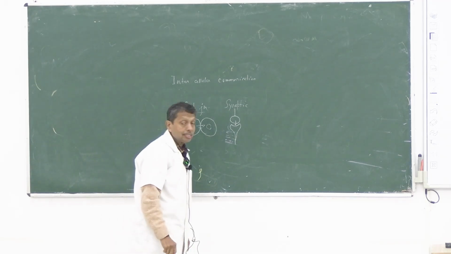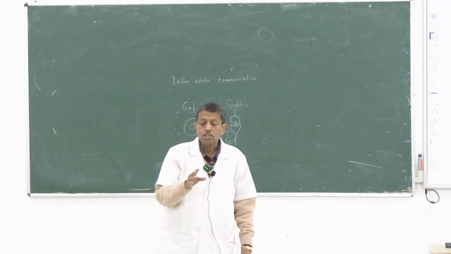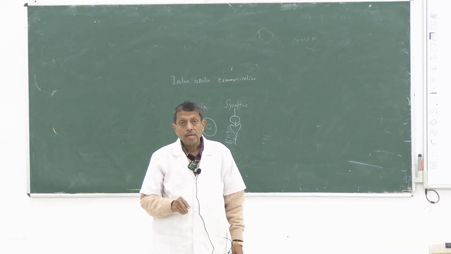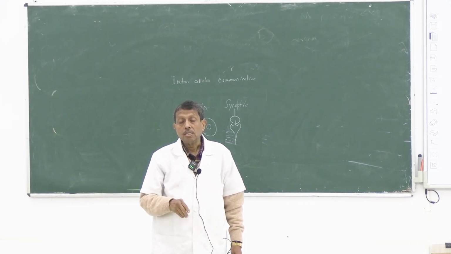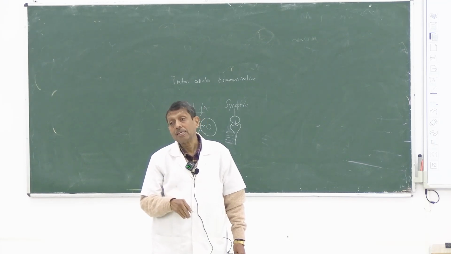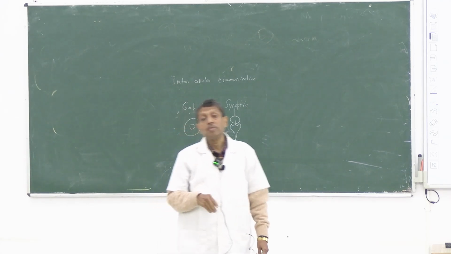And in some cases, the cells are situated close together and the chemicals secreted from a cell can diffuse a short distance to affect neighboring cells. It is called paracrine communication.